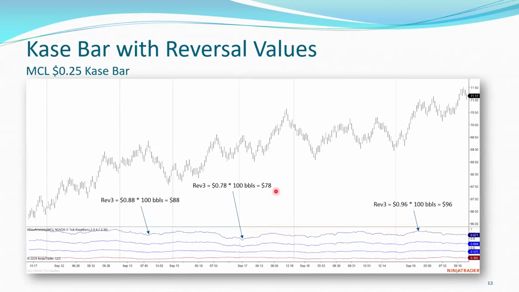With that, we get a much smoother distribution of volatility. Therefore, the distribution of our stops is much smoother as well. Here we look at $88, $78, $96, a much tighter distribution than we saw with the time bar. So what I'm getting at here is we can much more reliably manage our risk on a day-to-day basis when we're using a bar size that is consistent, such as a range bar like Kase bars.